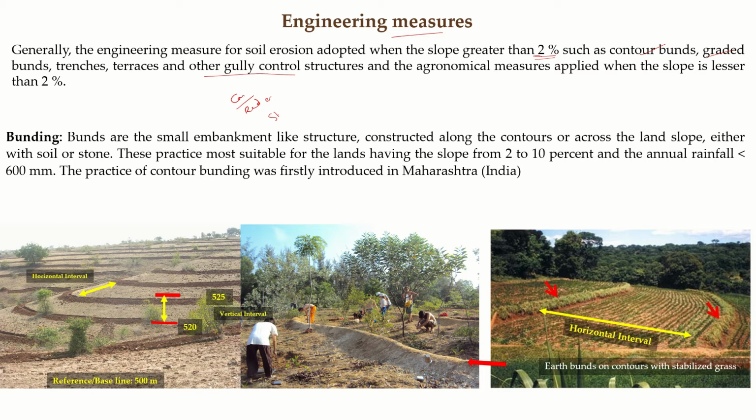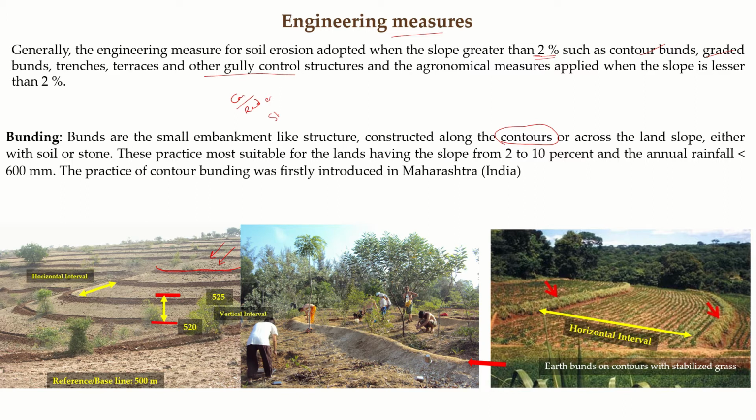As is shown in this picture, bunds are simple embankment-like structures constructed along the contour or across the land slope. A contour is a line joining points of equal elevation. So this is your land slope in this direction, and we are constructing a small embankment or simple bund across the land slope, at equal elevation with respect to any base line.